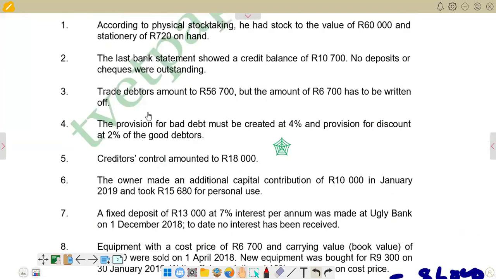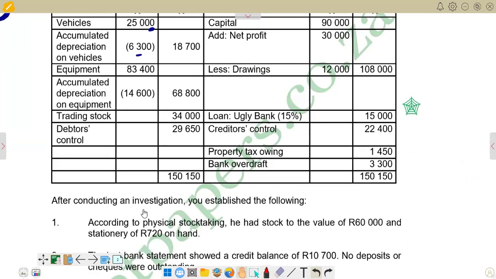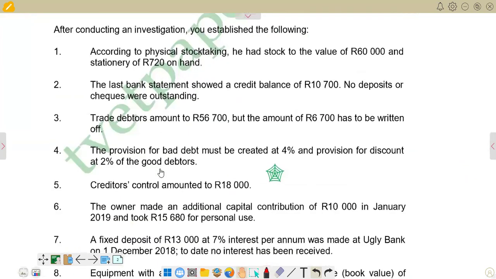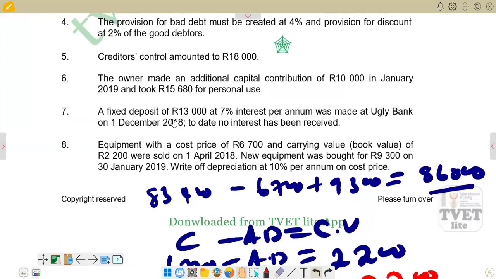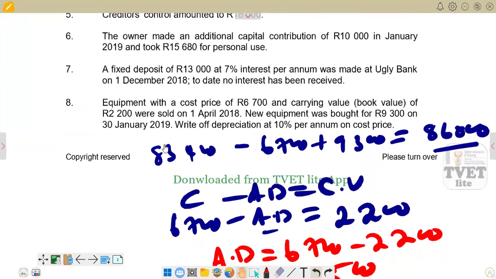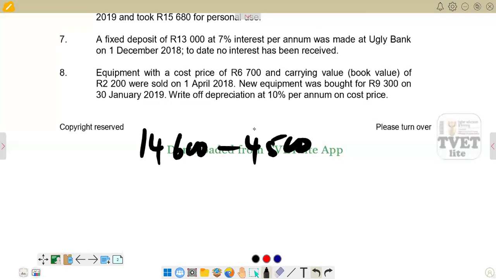So we are saying in the beginning the accumulated depreciation for equipment we had 14,600. So what we are going to do is remove it so that we remain with the accumulated depreciation without the one that was disposed, which is already out of the business. So this is what we have.